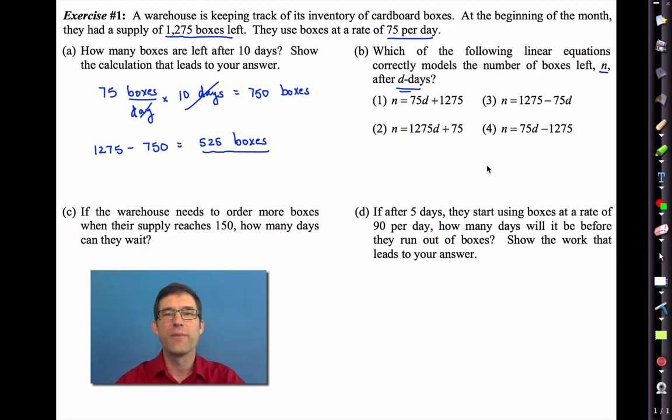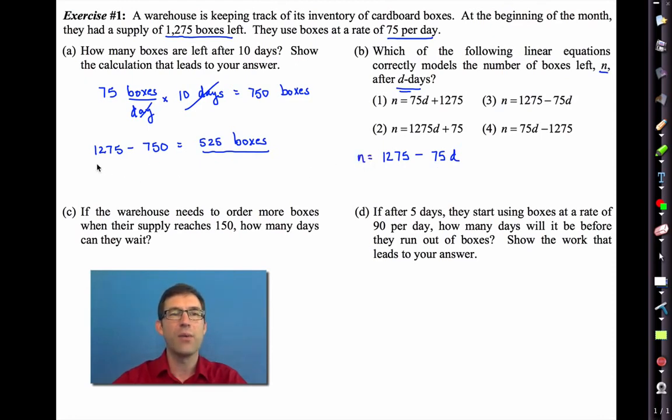All right, let's go through it. Well, think about what we did, right? What we did is that we took 75 and we multiplied it by the number of days, right? And that's how many boxes we had used. But then we took that amount and we subtracted it from 1,275, right? And that gave us the number of boxes left.